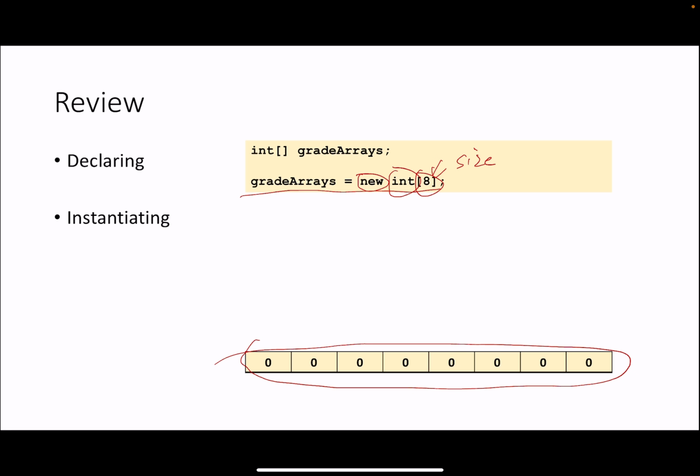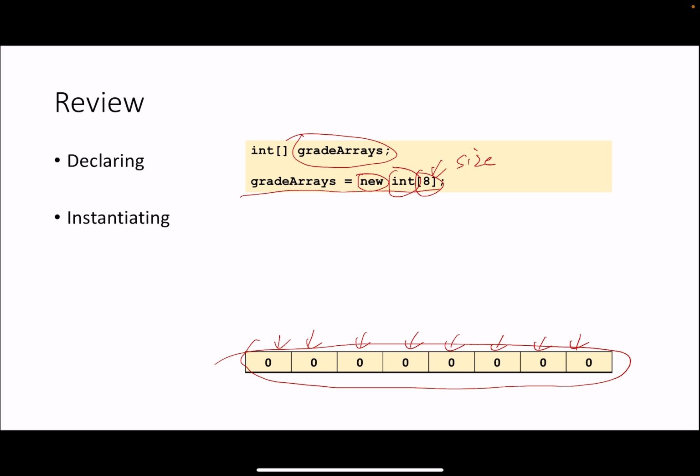Once you know the size, something will look like this in the memory. We define the size of this array. Before we initialize, before we give each element a value, the value would be the default value.